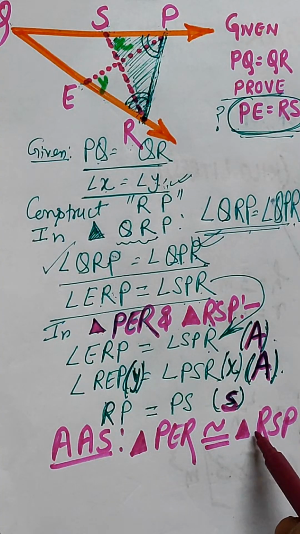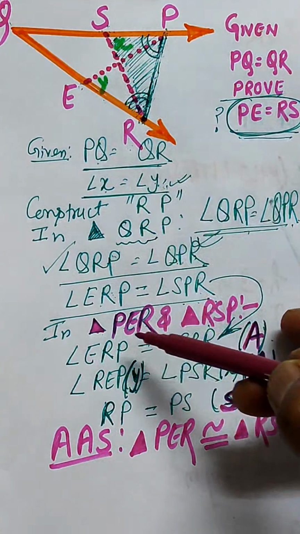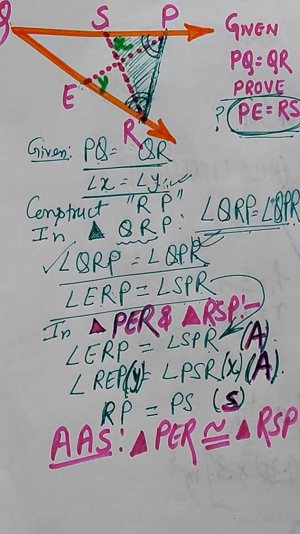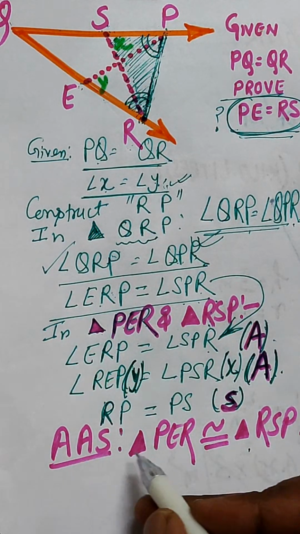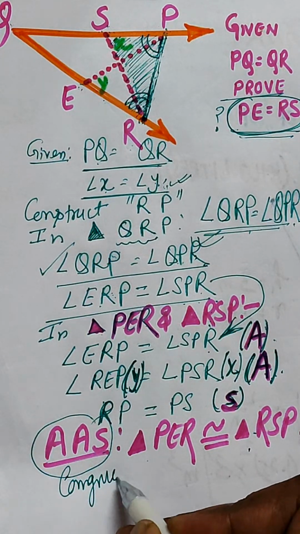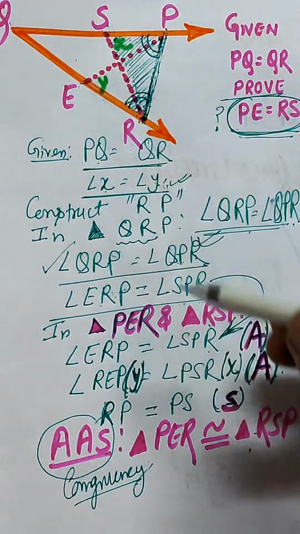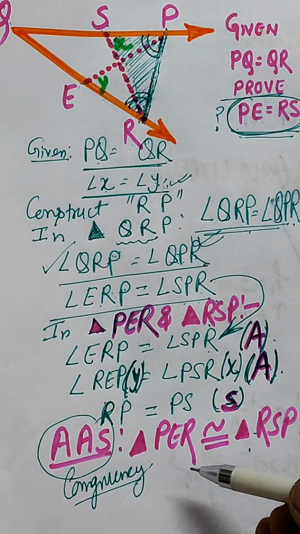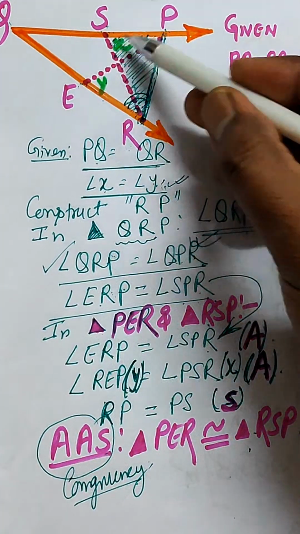Since these two triangles have been proved as congruent, triangle PER and RSP, shown in green, we can say by CPCT, that is the corresponding parts of congruent triangles, will be equal, right? So that's why we can write PE is equal to RS, right?